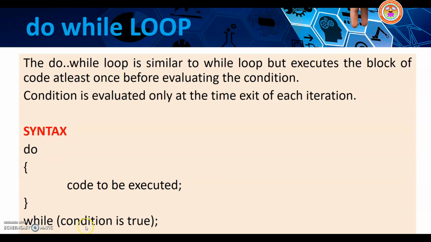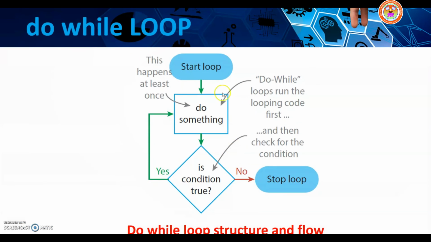So even if the condition is false for the first time, one time the code will be executed. Condition is evaluated only at the exit of each iteration, so it is called as exit check loop. So at least one time it will execute, even if the condition is false.